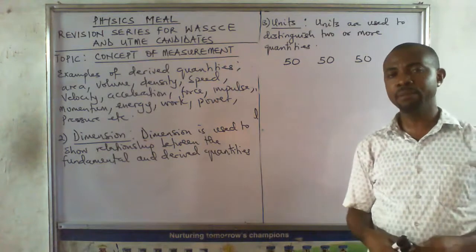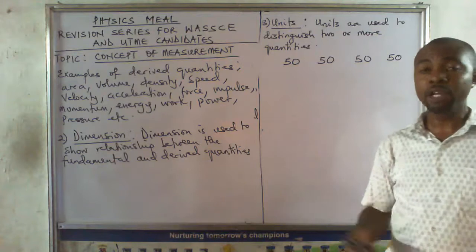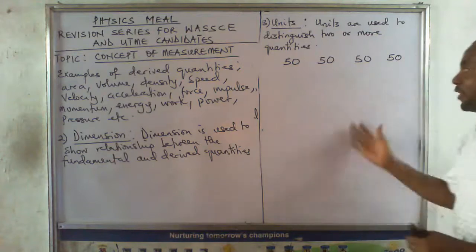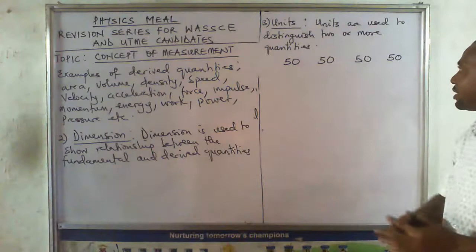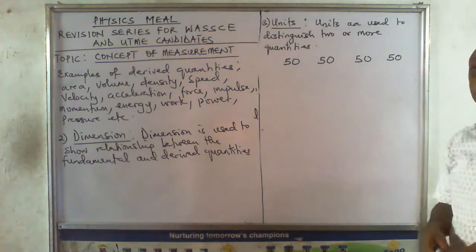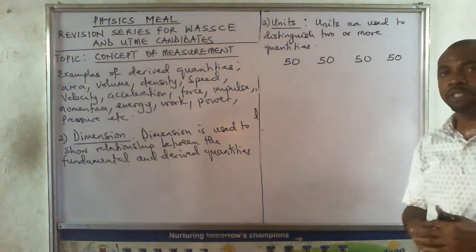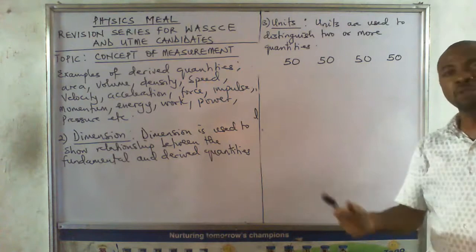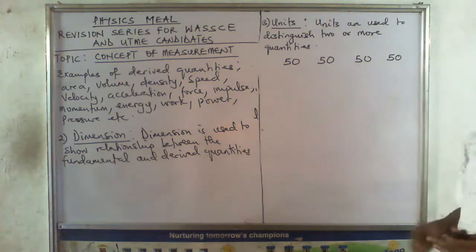Some of them may think that maybe I'm insane, some of them may run away from the class. So it is odd for someone to start shouting 50. It's just 50, no difference.